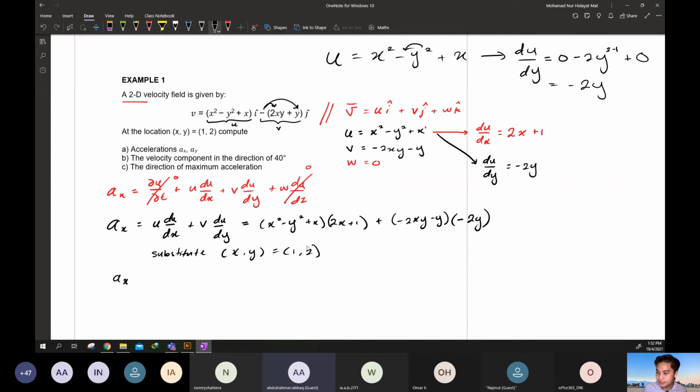Okay, now try to substitute. x refers to the power of 1, so 1. Try to substitute 1 squared minus 2 squared plus 1. So this one, there will be 1 plus 1.